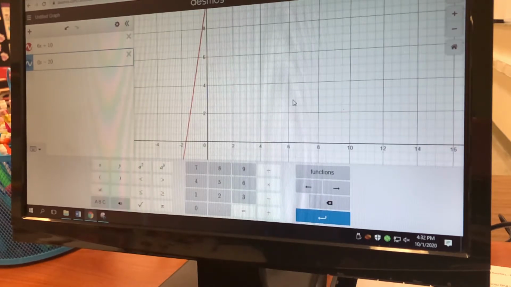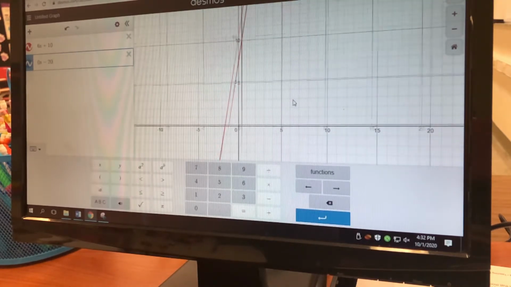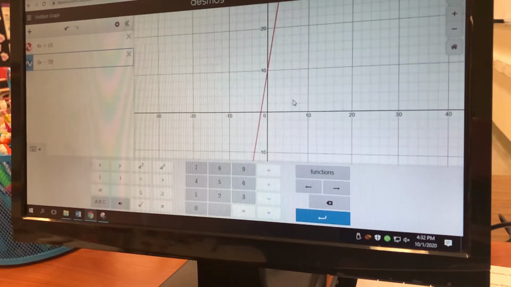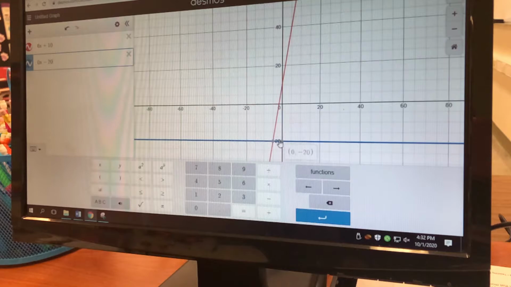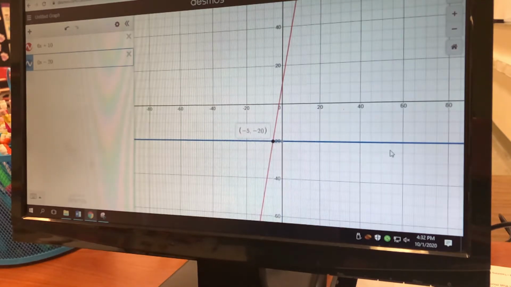And that's going to be way down here, so I have to scroll out there. So the answer is -5, -20. All right, I hope that was helpful. So that is solving an equation by graphing.